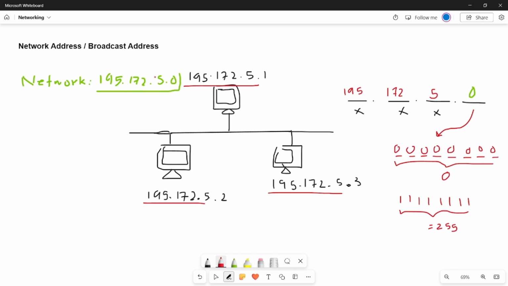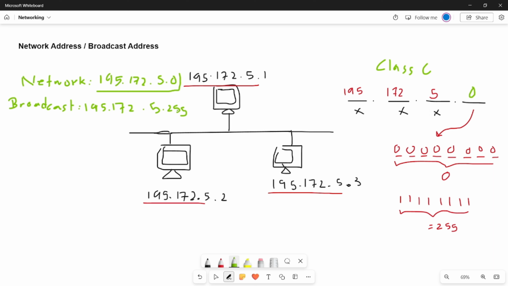So the broadcast IP address of this network is 195.172.5.255. This is the broadcast IP of this network. We are using class C IP addresses, so according to this, we can conclude the network IP address of the class C IP address range. This is the network IP address of this network, and this is the broadcast IP address of this network.